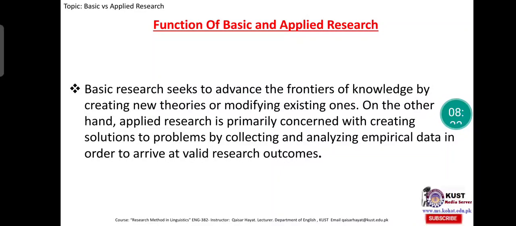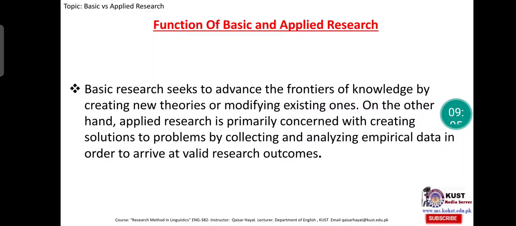On the other hand, applied research is primarily concerned with creating solutions to problems by collecting and analyzing empirical data in order to arrive at valid research outcomes.